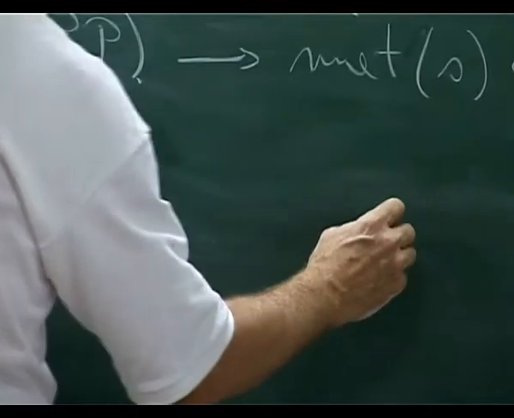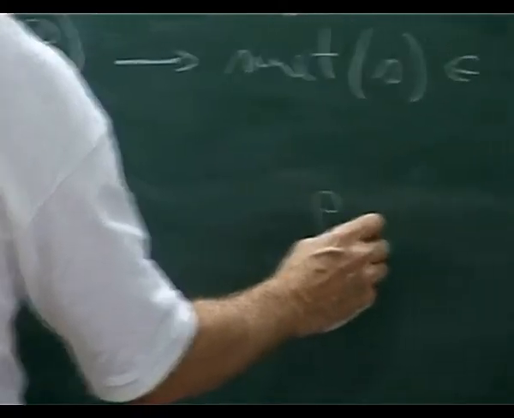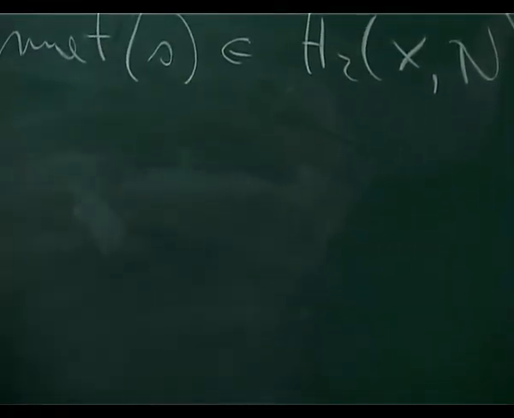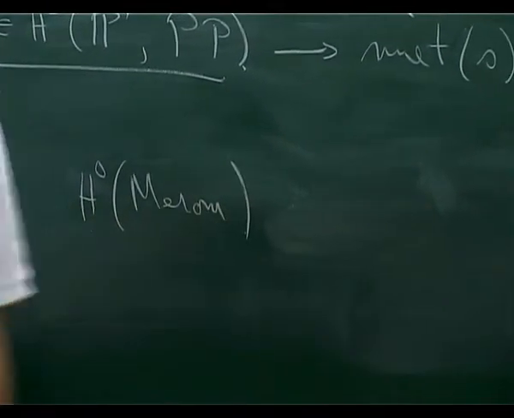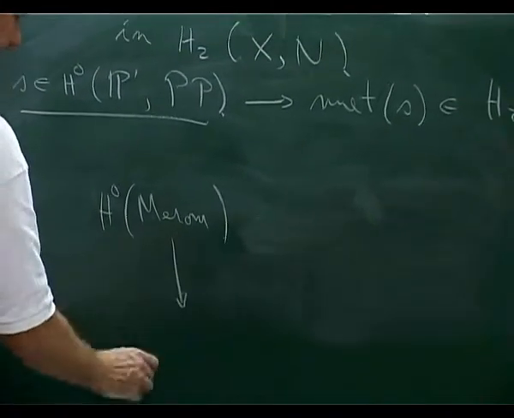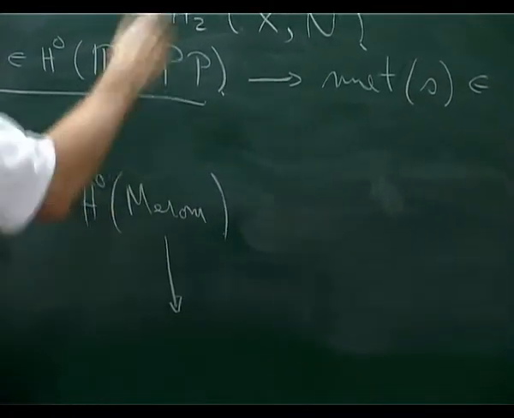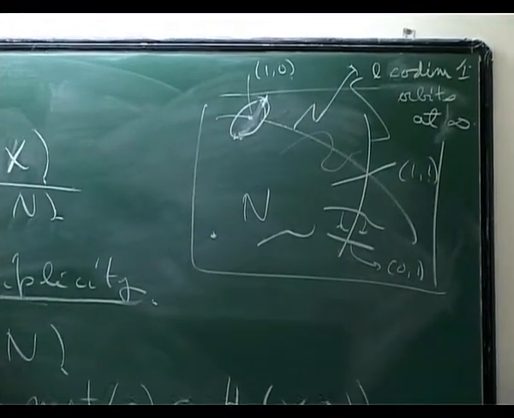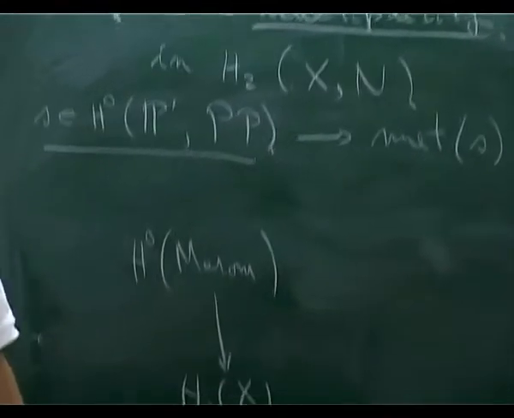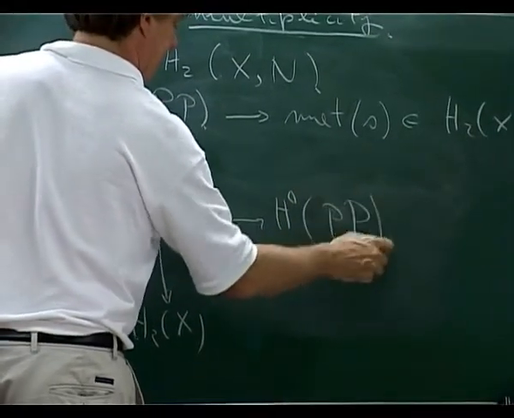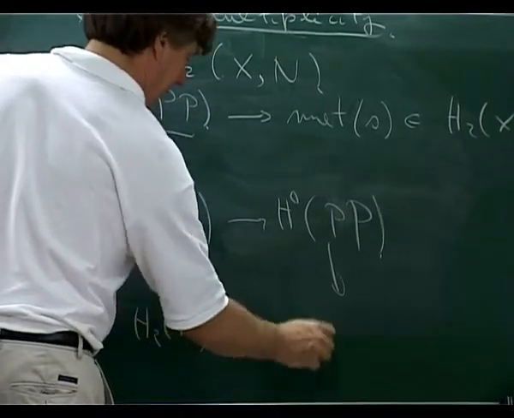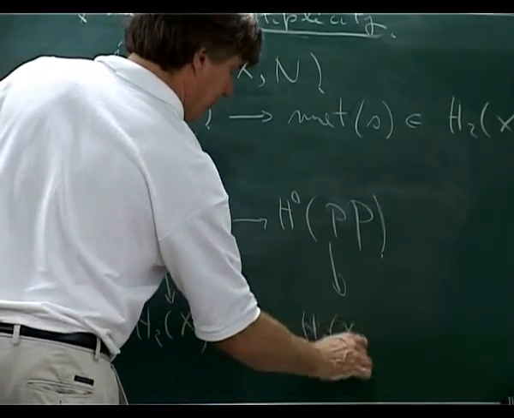Okay, so I'll have the H0, the meromorphic functions. Well, it's a meromorphic function. It's a function of the sphere into this variety. It has a degree. That degree will give you a class in H2 of X. H0, the principal part space, will have a degree, but that's a local degree.